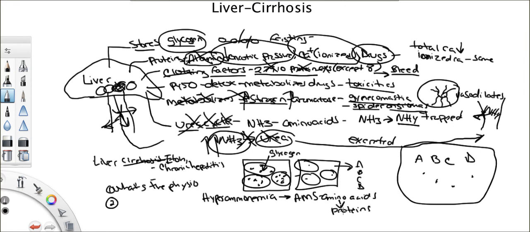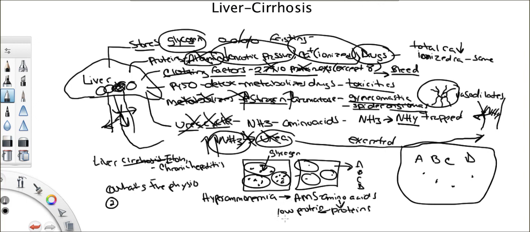All the meats, every food we eat has protein in it. That's why we tell patients with cirrhosis to go on a low protein diet. Why? Because we know they can't turn ammonia into urea. So if we give them protein, it'll just cause a really high level of ammonia, and that'll cause hyperammonemia. So that's why we reduce the amount of protein they get, reduce the amino acids. That way they'll have a lower chance of getting hyperammonemia and altered mental status.